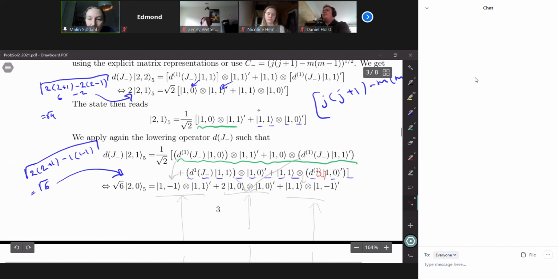And then I do the same thing for the other states. J minus on this state, so this 1 goes to 0, so I obtain this state, and the other state just stands. And here I have another j minus acting on the second state, so this state goes here, and this is changed, so the 0 becomes the minus 1. So here I know what the j minus operator does to the state.